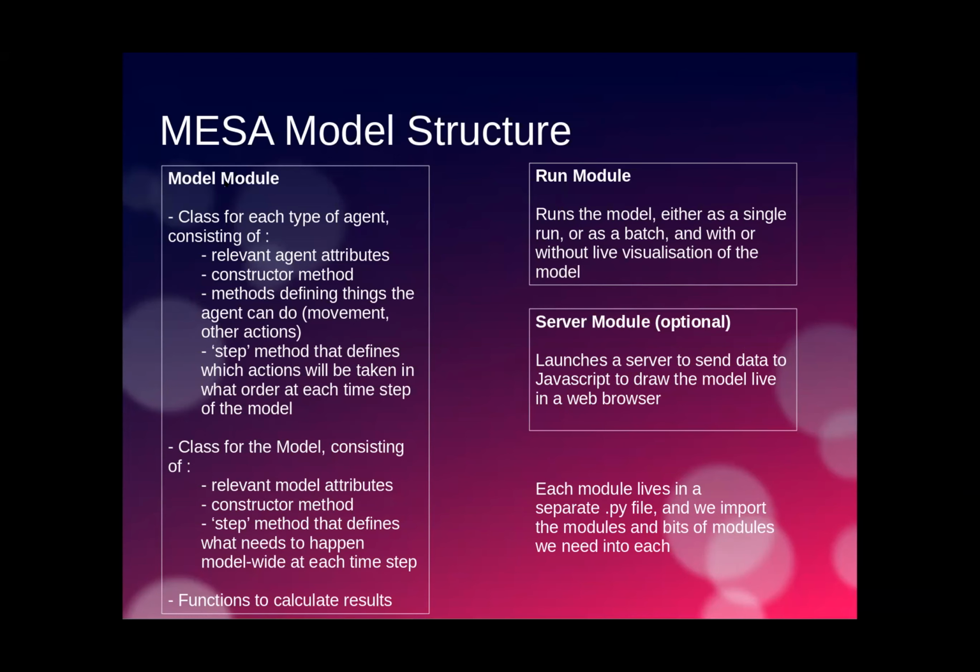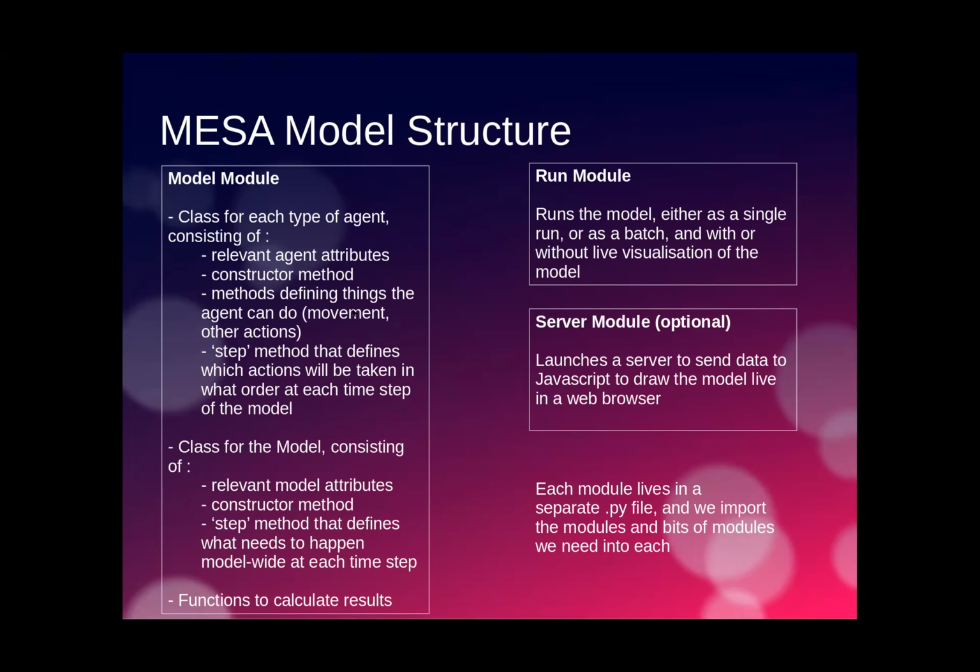So in the model module, the model.py file, we're going to have a number of classes and some separate functions. We're going to have a class for each type of agent. Normally you'd probably only have one type of agent, but you can have more than one. So you'd have a separate class for each agent type. That class will contain any relevant agent attributes.